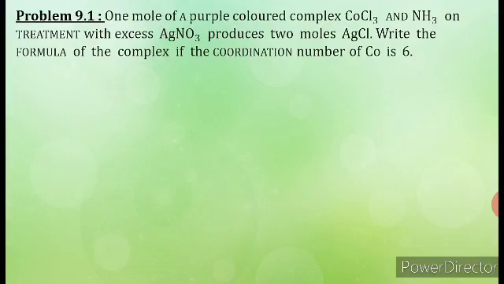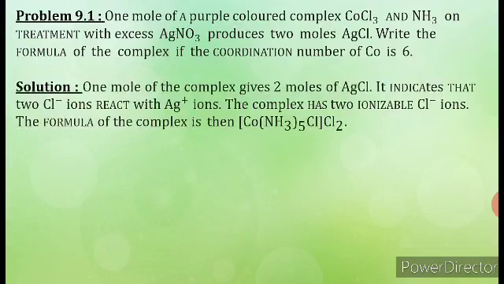So the formula will be in this way: pentaamminechlorocobalt(III) chloride. Okay, 5 ammonia molecules and 1 chloride ion inside the coordination sphere attached to the cobalt 3+ ion, and 2 chloride ions are present outside the coordination sphere in the ionization sphere and satisfy only primary valences.